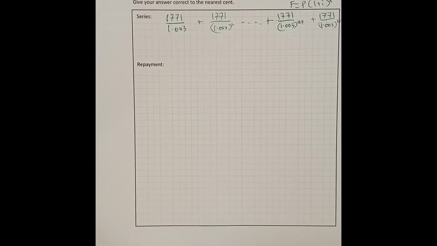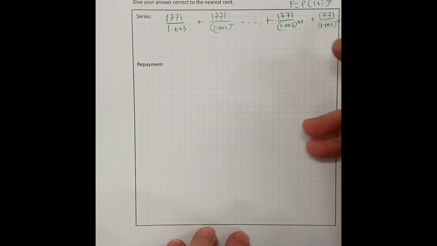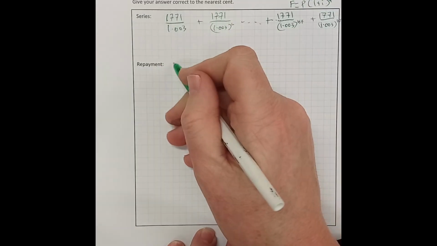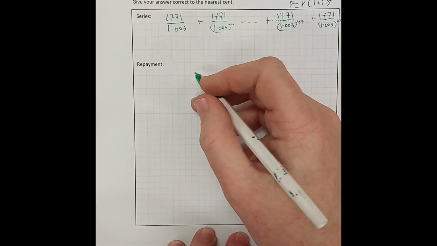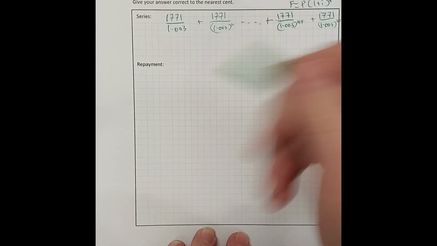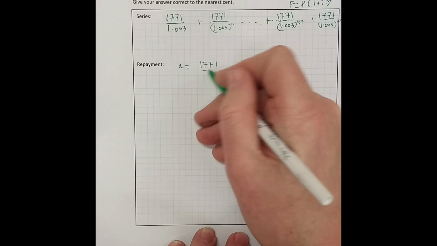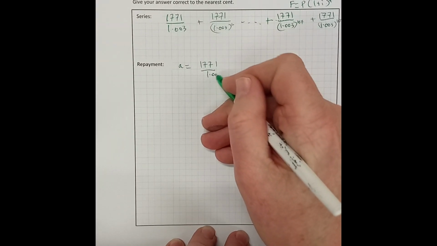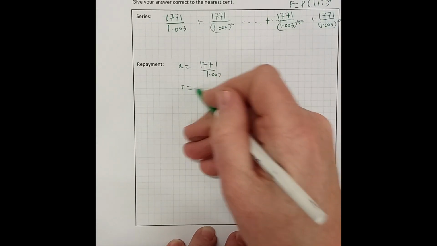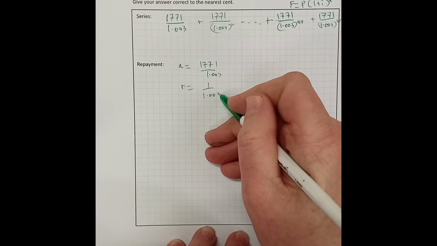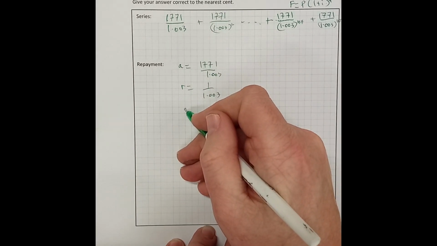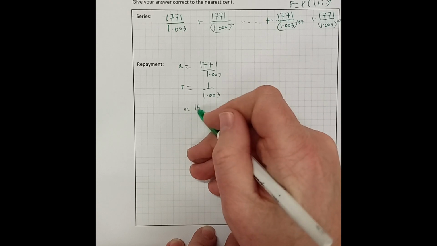Okay, so we're going to work out how much that is. The repayment, let's work out our S N formula. We have an A, we have an R. So A is going to be 1771 over 1.003. We have an R, which is 1 over 1.003, and we have an N, or a T, whichever way you want to call it, 168.